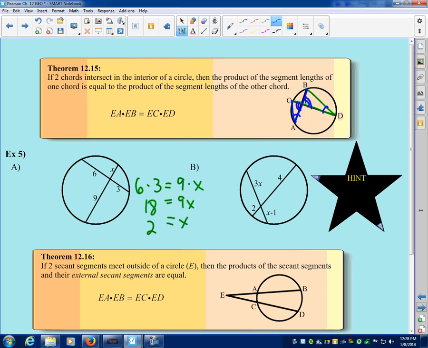Therefore, I can say EA is, I gotta erase this again. Let's just do this and this.